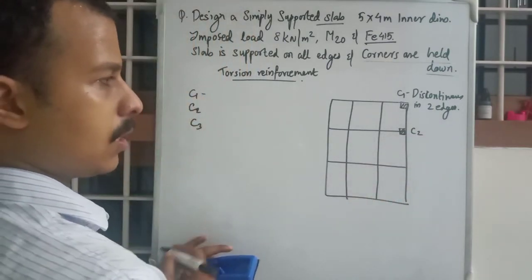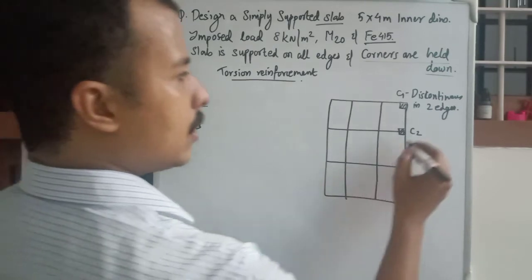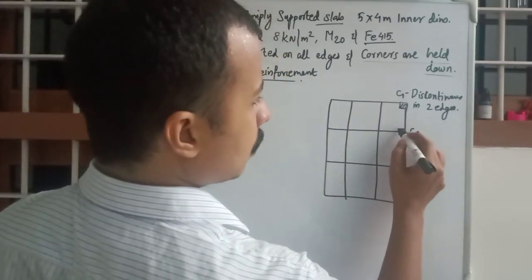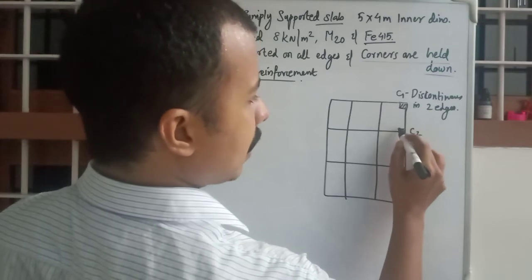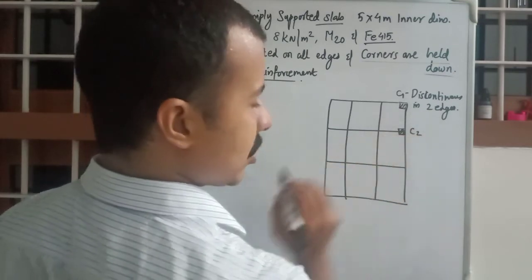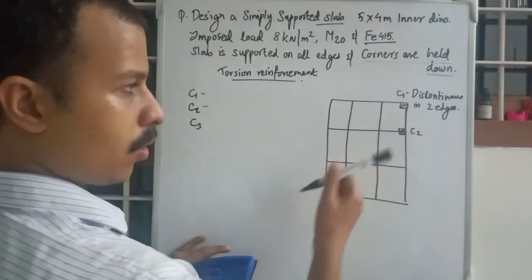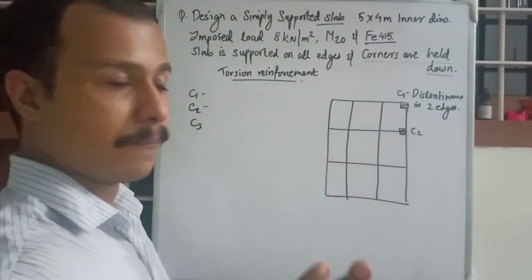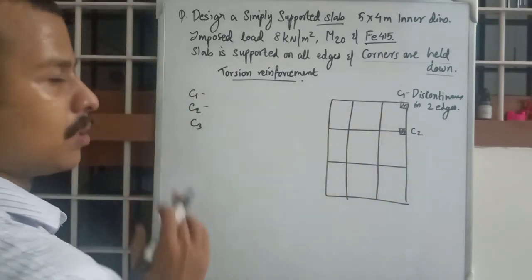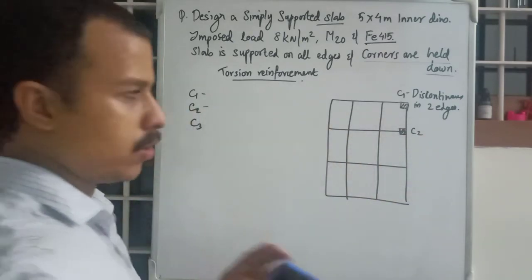It is discontinuous in only 1 edge, right? You have continuity in this edge and this edge. Only there is discontinuity in 1 edge. So do not confuse it with slabs. We are talking about corners here, C1, C2, C3. There are 3 types of corners.